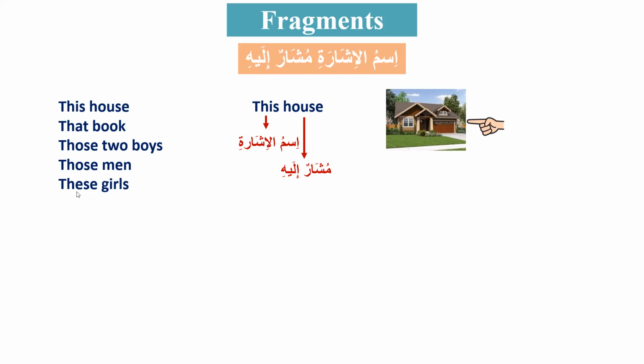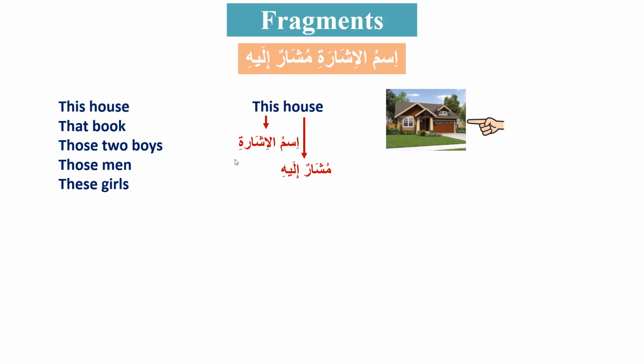So Nosheen, the first word which is used to point, that is ismul ishara. And the one that is being pointed at is musharun ilay. For example, over here in this example, the house is being pointed at. So the house is musharun ilay, and the word that is used to point, which is this word, that is ismul ishara.